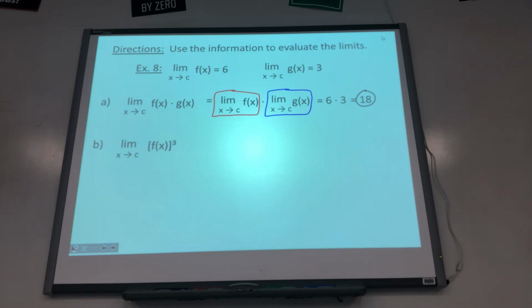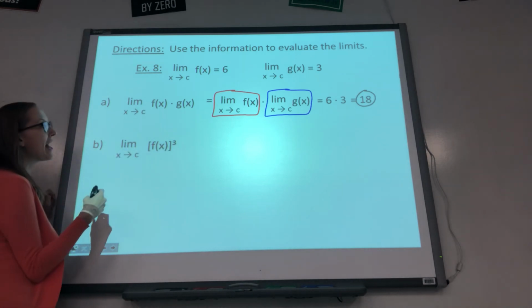All right, well, let's try something else here. Part B, it's the limit as x approaches c of f of x cubed. The way it's written right now, f of x is the only thing that's being cubed.